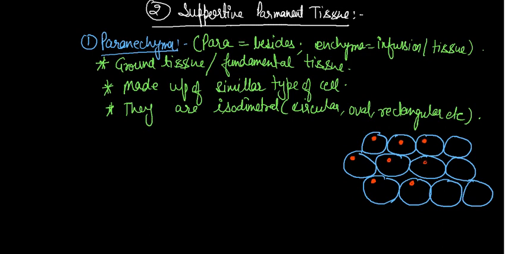It absorbs maximum food and water, so it contains a large vacuole. In the first chapter you learned that a large vacuole is present in the plant cell, so it can easily absorb food and water.